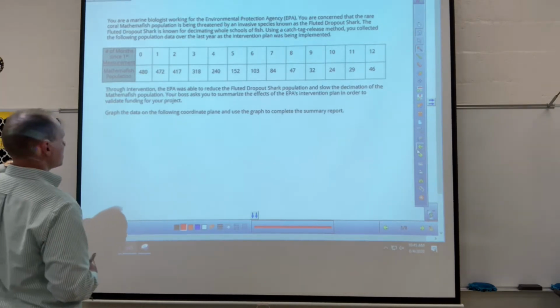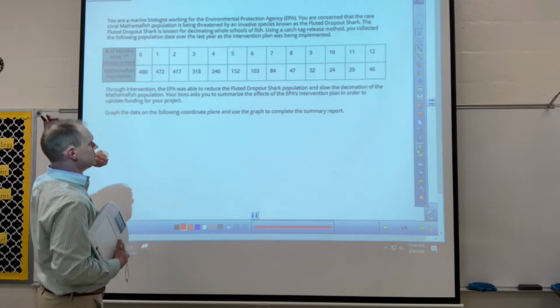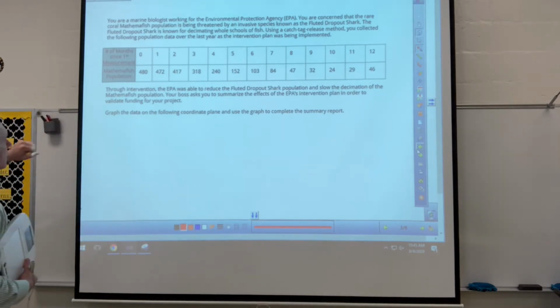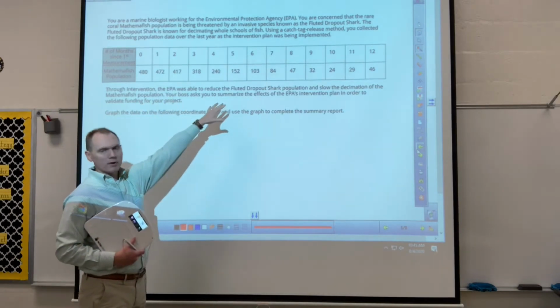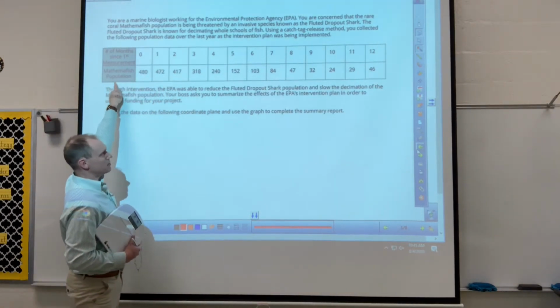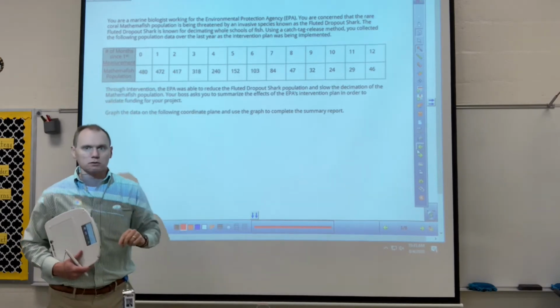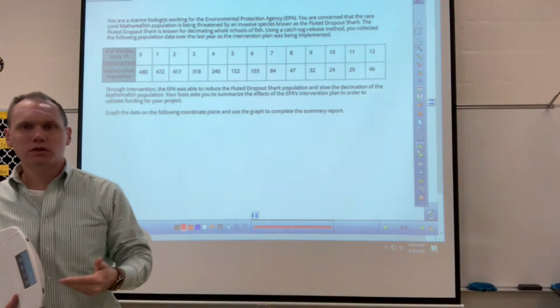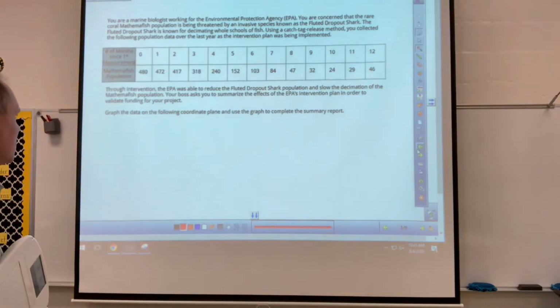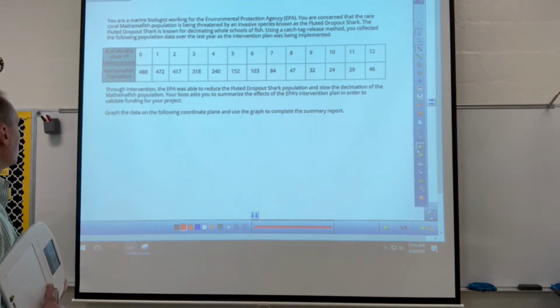Your boss asks you to summarize the effects of EPA's intervention plan in order to validate funding for your project. So they talk about reducing the fluted dropout shark population, but what we have here is actually the mathfish population, which we don't want to decrease, right? We're reducing the shark population so that this one does not decrease.